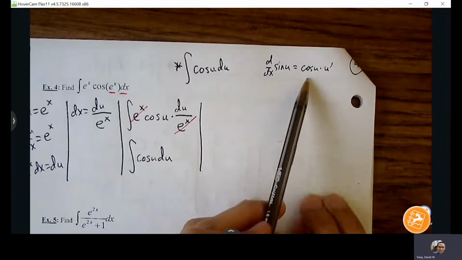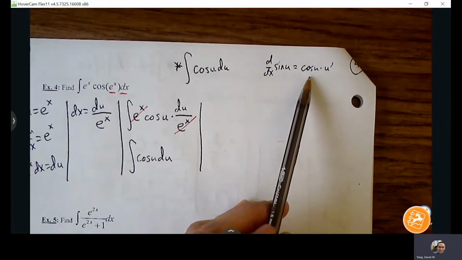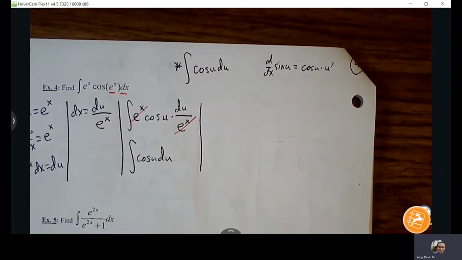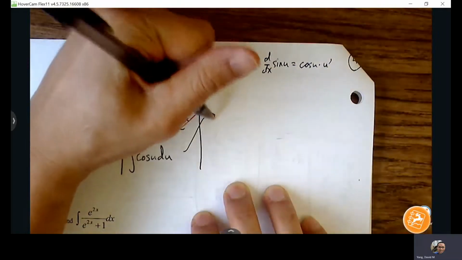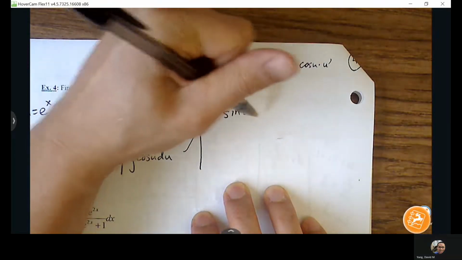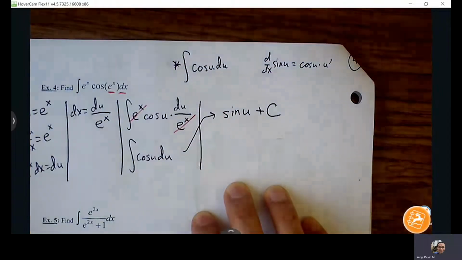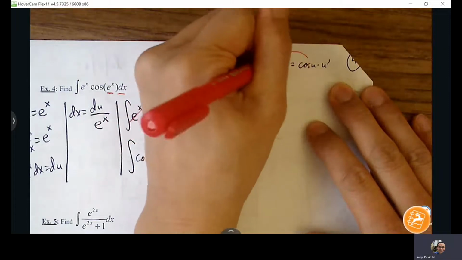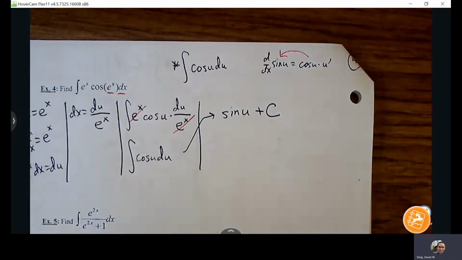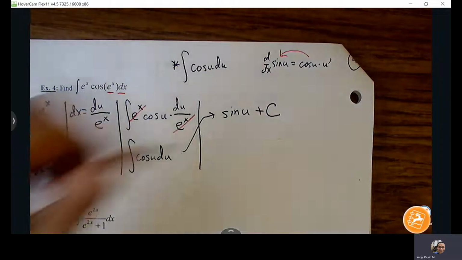For antiderivative, you're starting on the right side of your derivative rule, making your way up to the original function. So it's just going to be positive sine. Okay, replace u back in terms of x.